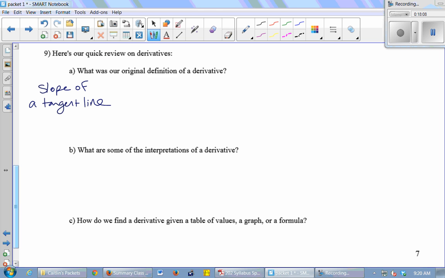How do we originally calculate it before we had any shortcut rules for differentiation? Using a limit, yeah. We would calculate what was called the difference quotient. Right, and that is the slope of a secant line, right?